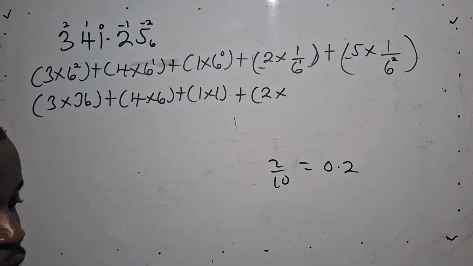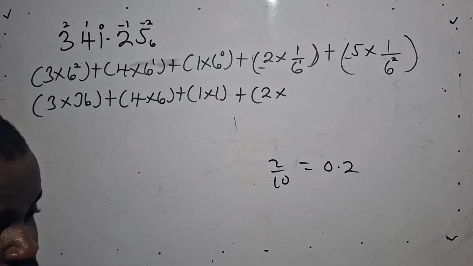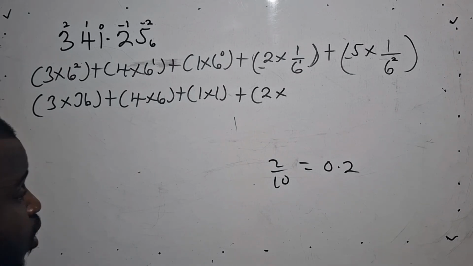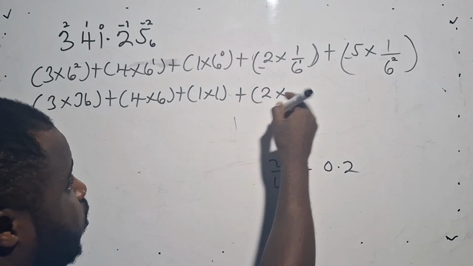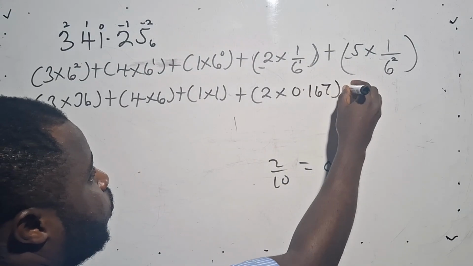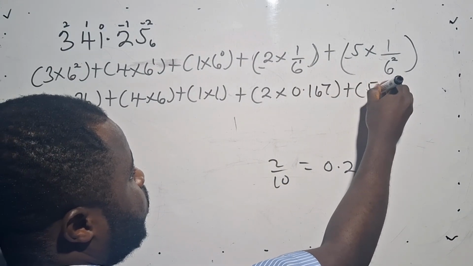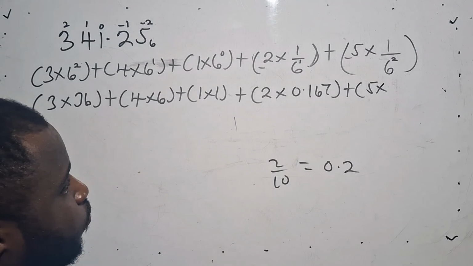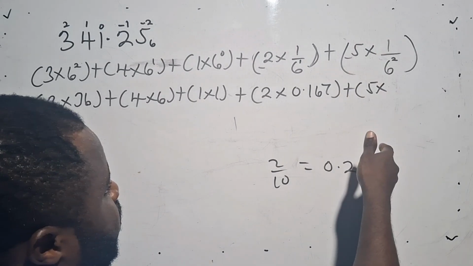With the help of our calculator, 1 divided by 6, you get 0.1666666. So I'm going to convert it to 3 decimal places. So 2 times 0.167, plus 5 times 1 on 36.